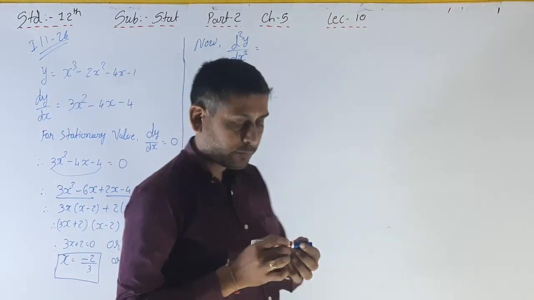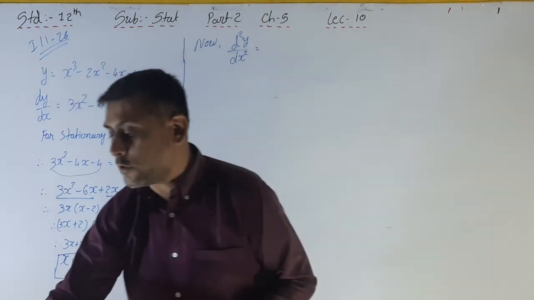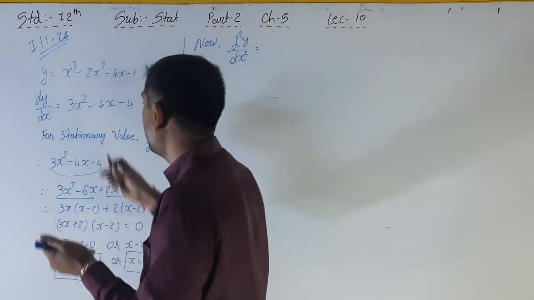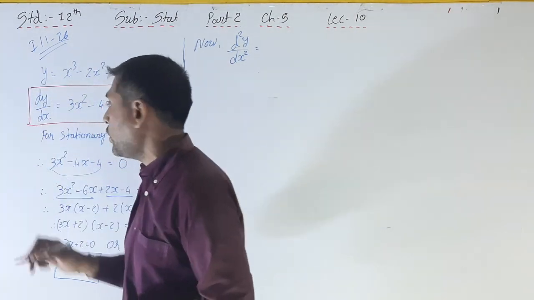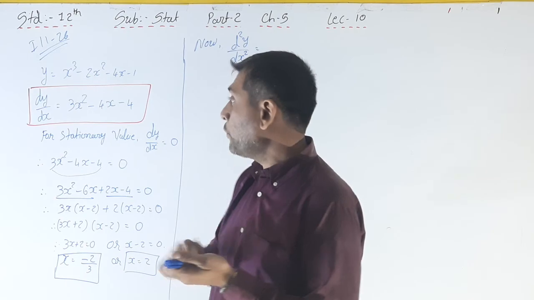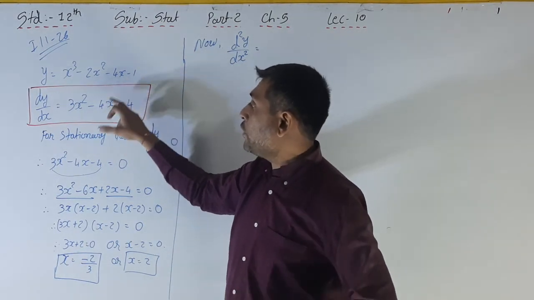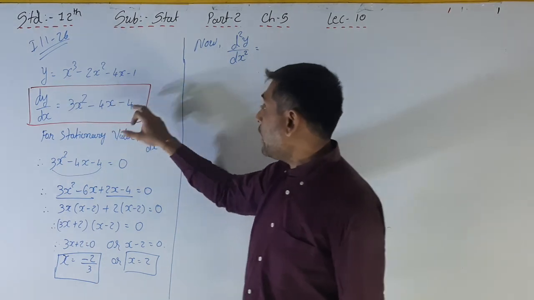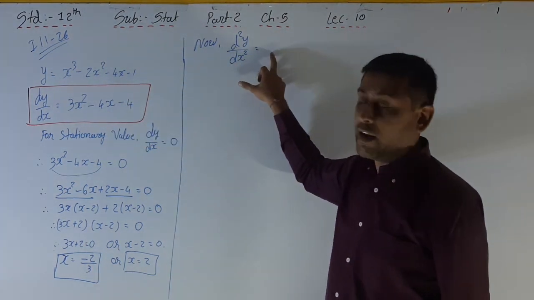Okay. So what is the second differentiation? We have to find out the differentiation of these now. Differentiation of first differentiation, that is second differentiation, right? This one is the first differentiation of this function, right? And now we have to find out the differentiation of this function to find out the second derivative.